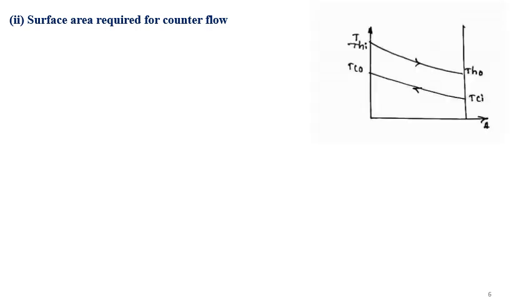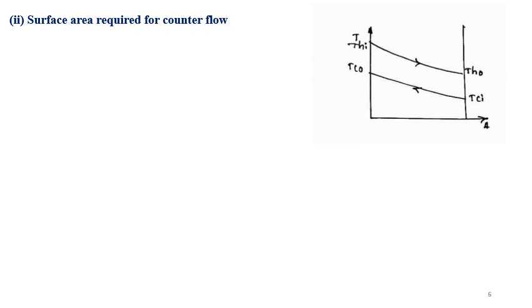So this is the temperature profile for a counter flow heat exchanger, where a hot fluid is flowing, giving its heat from THI to TH naught to the cold fluid, and TCI is entering at the other end and goes in the opposite direction, and in the process it gains heat from the hot fluid, increasing its temperature from TCI to TC naught.